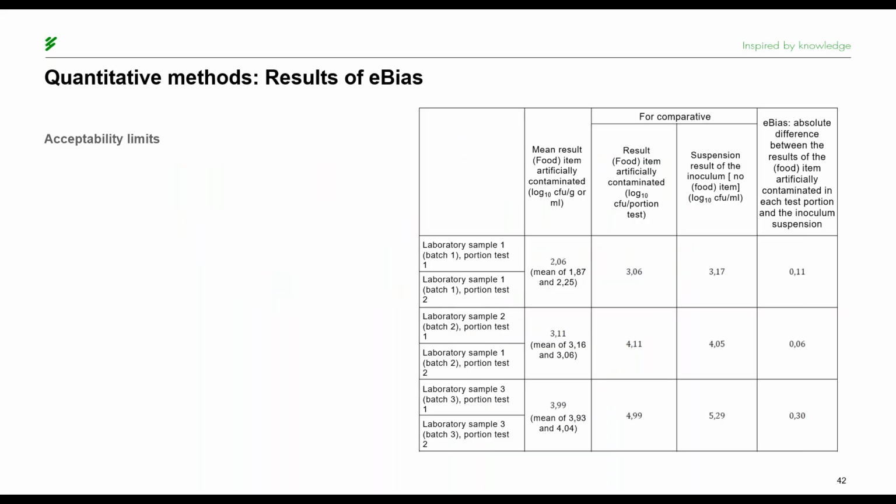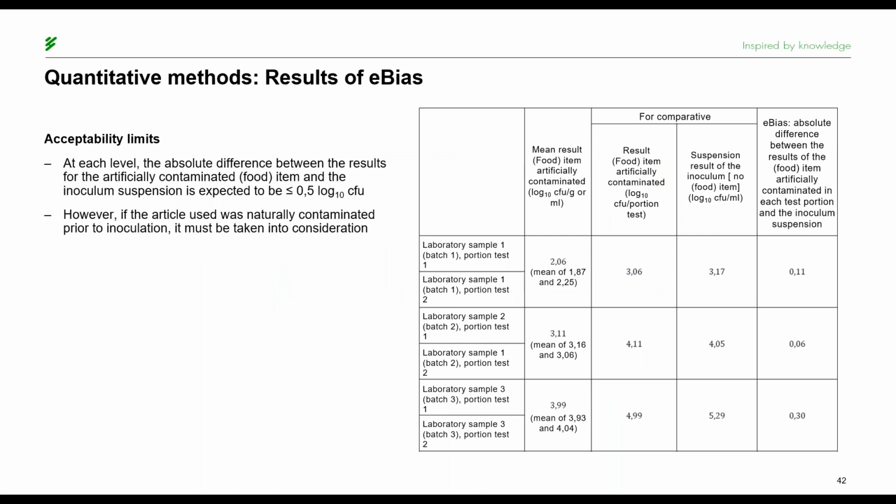So for this performance characteristic, the absolute difference between the results of the article and the suspension must be equal to or less than 0.5 logarithm CFU, which is the acceptability limit to be met.